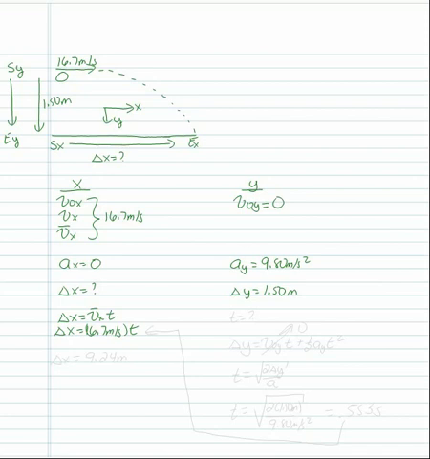In this problem, we now need time. And this equation makes sense to use: delta y equals v0 sub y times t, plus 1/2 a sub y, t squared. This term is 0, so we end up with delta y equals 1/2 a t squared.